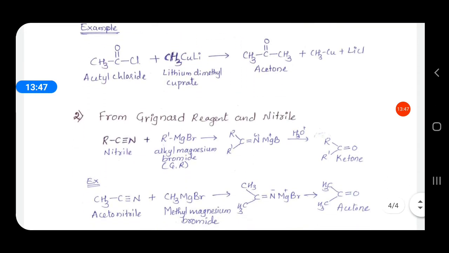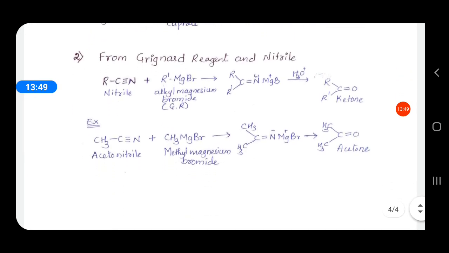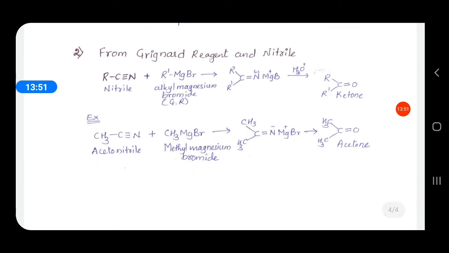Another method is from nitriles. Here nitriles are reacted with alkyl magnesium bromide, that is a Grignard reagent. When nitriles are treated with Grignard reagent, the corresponding ketones are obtained.